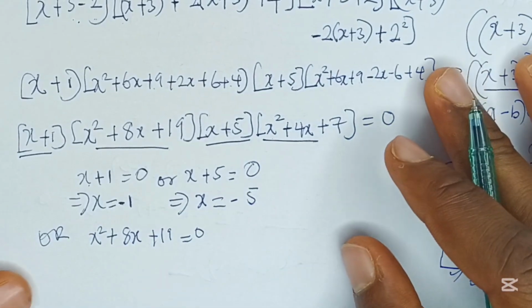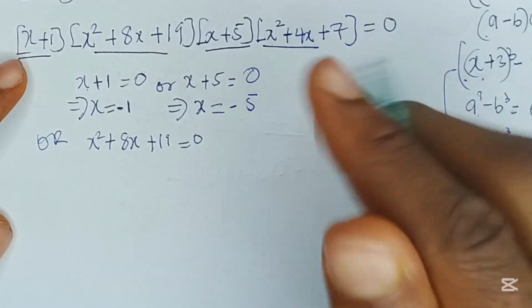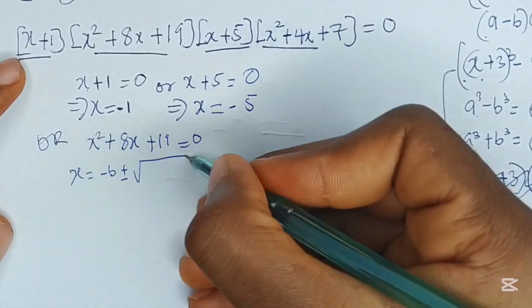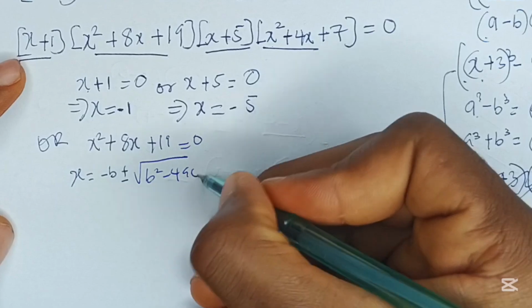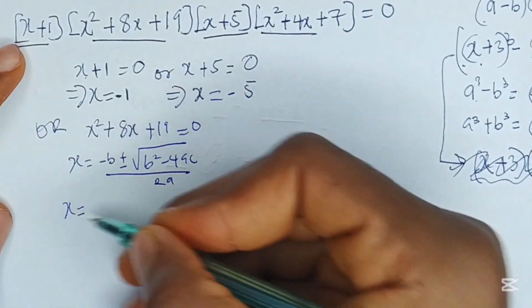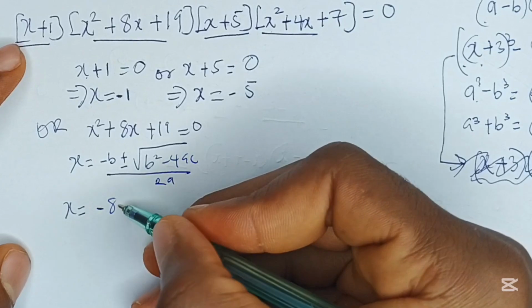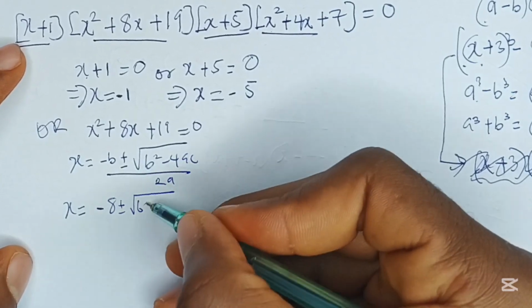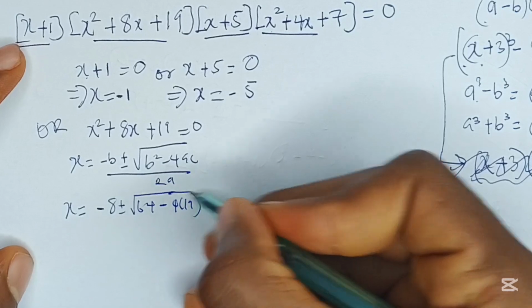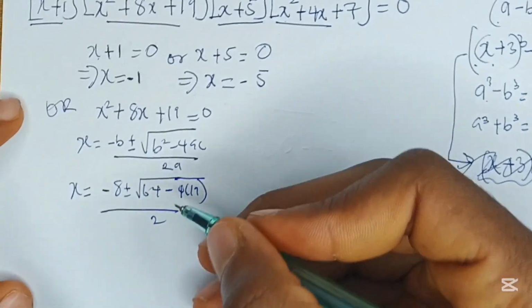And using the quadratic formula, x is equal to -b plus or minus the square root of b^2 - 4ac, all over 2a. Hence, x will be equal to -8 plus or minus the square root of 64 - 4 times 19, all over 2.